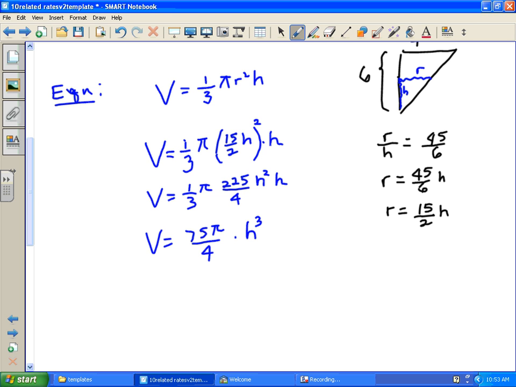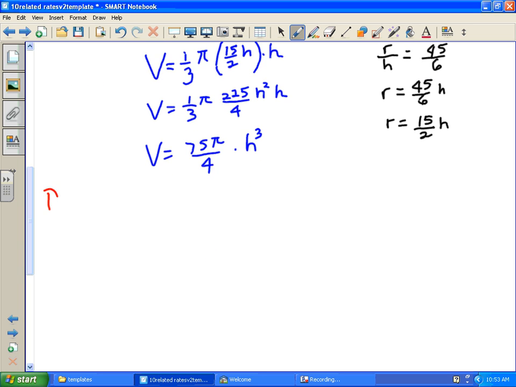Okay, so now that we have our volume equation, we're ready to differentiate it, okay? And we're going to differentiate it with respect to which variable? Always with respect to t, right? Differentiate with respect to t because things are changing with time, so we always differentiate with respect to t in this section. So on the left-hand side, it's going to be the derivative of volume with respect to t, that's just dV/dt.